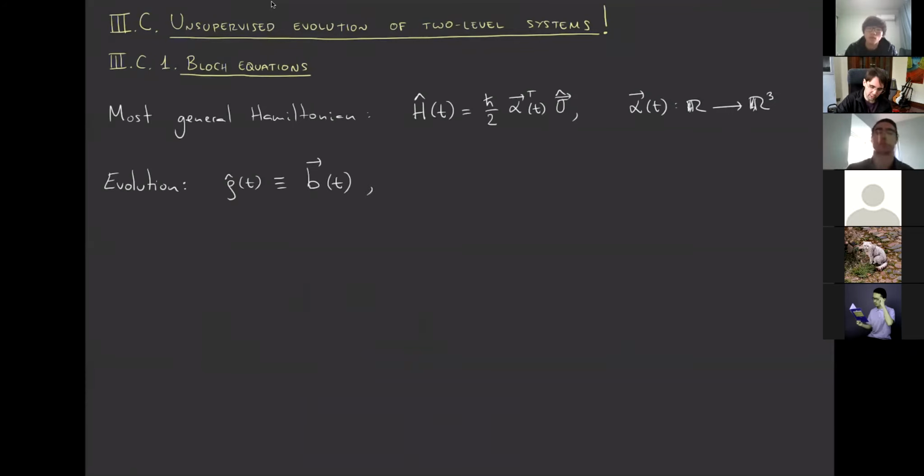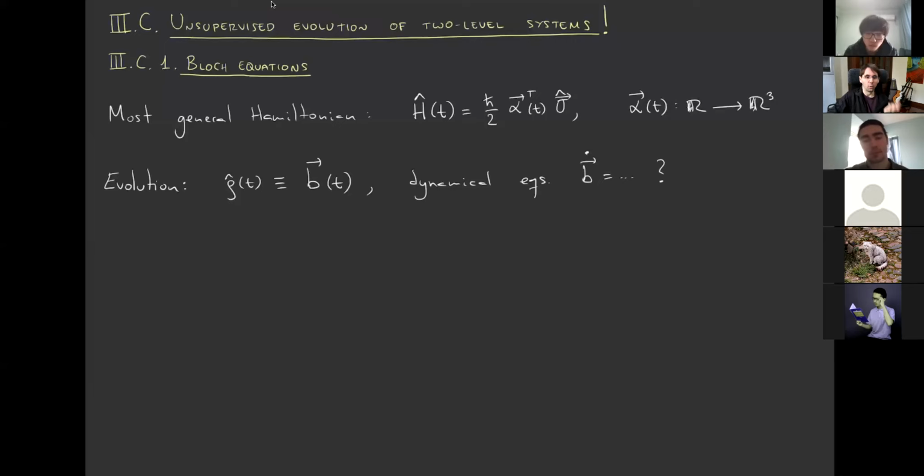So now the question is, how do we find the dynamical equations of B? So the dynamical equations that tell us how the time derivative of B behaves in time, okay?